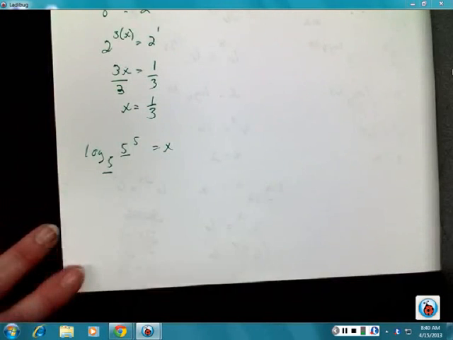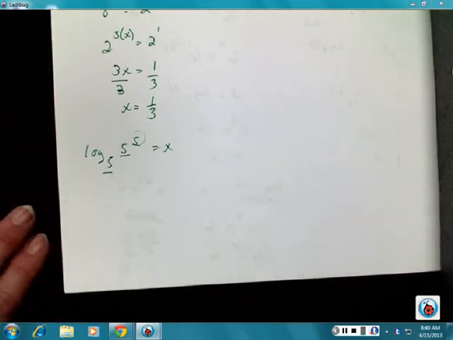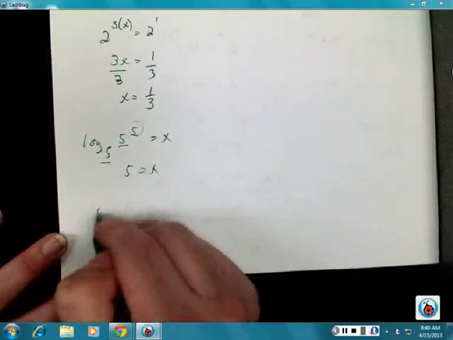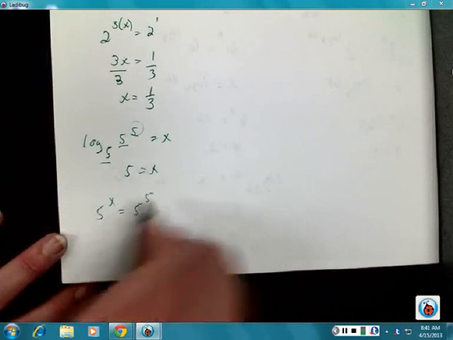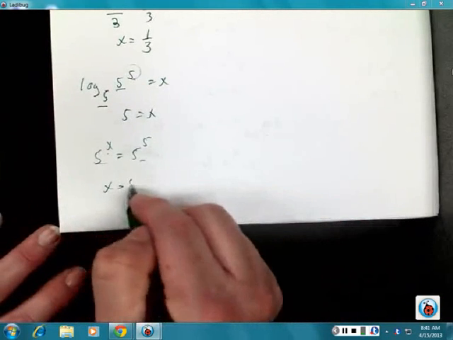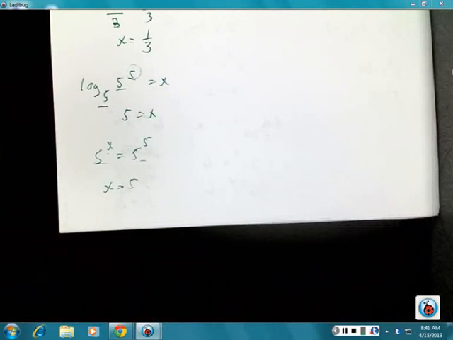These two match, so your answer is simply that value up there. If you don't remember that, then it's 5 to the x equals 5 to the 5th. Bases are the same, so x is equal to 5. So your answer would end up being 5, of course, with that one.